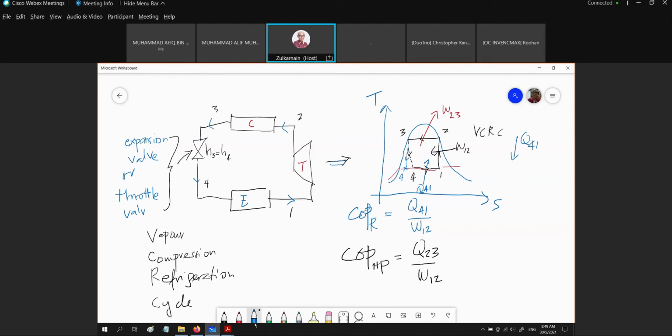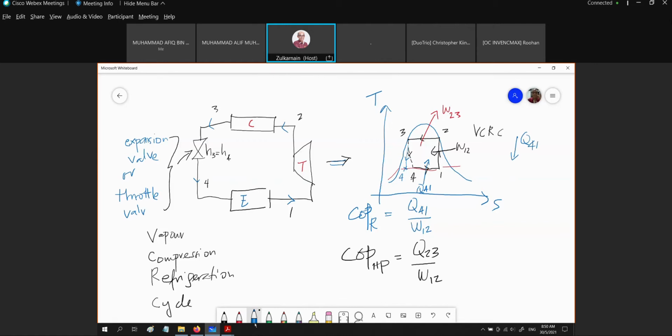Because it's called the refrigeration cycle, of course we want the cooling effect. The cooling effect is always Q41 at the evaporator side. So we need to get more Q41. We need to make the difference in enthalpy H1 minus H4 as big as possible.